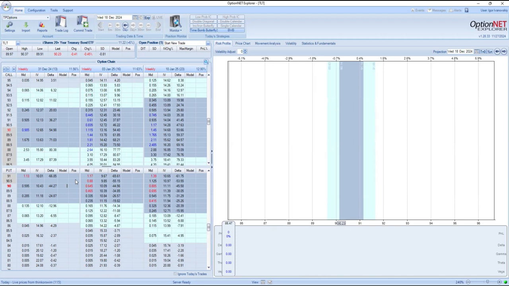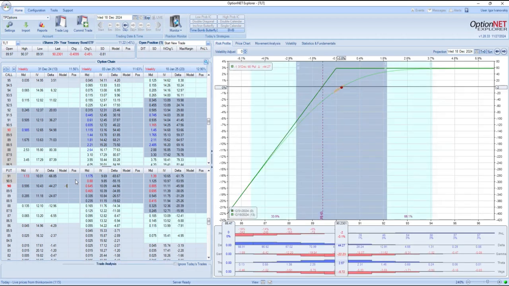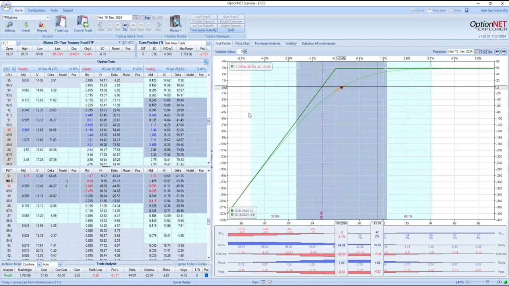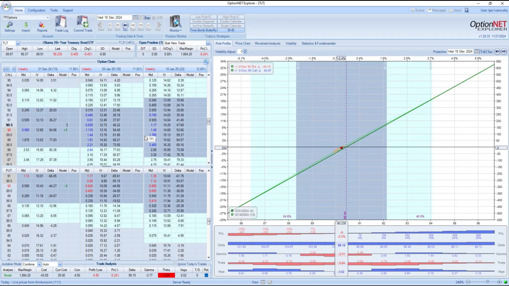So you can get a little bit fancier and go, instead of buying stock outright, right? Selling a 90 put is not really a stock replacement, right? This is more of an at the money covered call, right? Because our upside is capped. But if we wanted to do a stock replacement, this would be more of a synthetic long stock position.